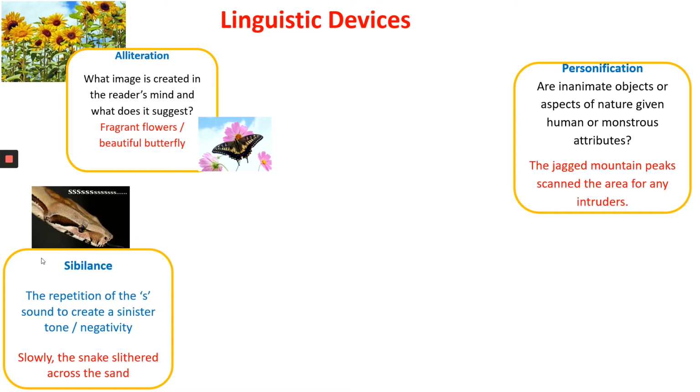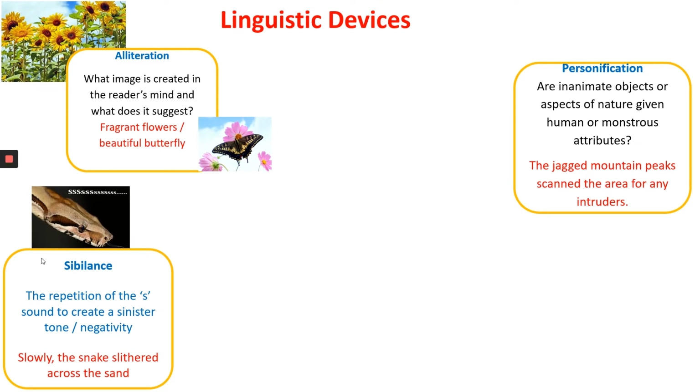In this case, as we can see in the example in front of you, the jagged mountain peaks scan the area for any intruders. Now, here, we know full well that mountain peaks don't have eyes to scan or to look around, but it's creating the mountain peaks to be quite formidable, quite challenging.